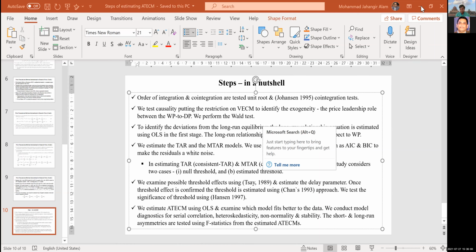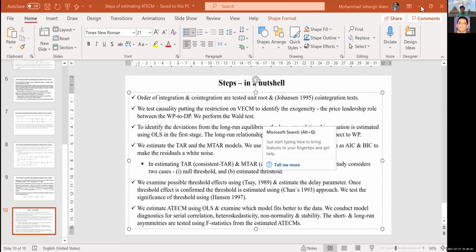In my presentations, I use the MTAR. Did you mean the non-linear kind of ARDL model, AutoRegressive distributed lag model? Brother Zakaria, can you hear me? Yes, I mean the non-linear ARDL. Yes, non-linear. That's the AutoRegressive distributed lag model.